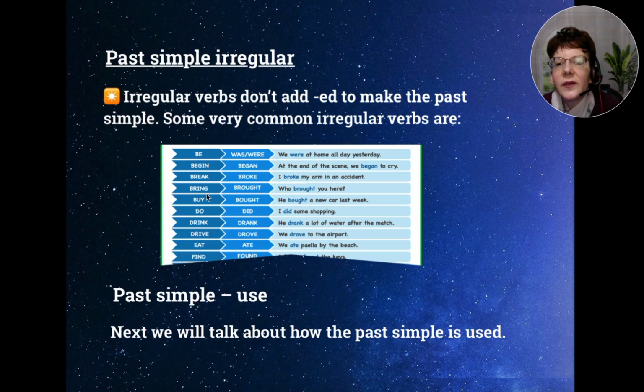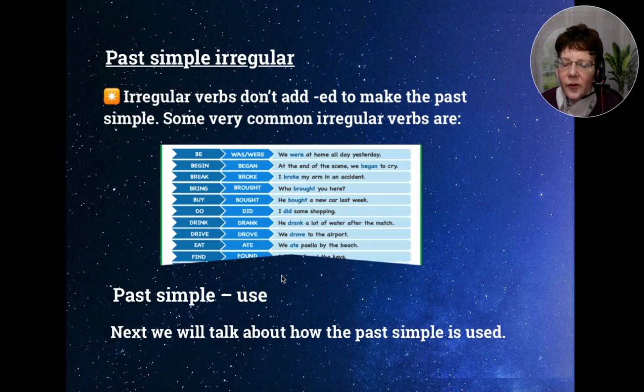Begin becomes began. Break becomes broke. Bring, brought. Buy, bought. See, do, did. Drink is drank. Drive is drove. Eat is ate. And find is found. And there are at least 50 of these. So these have examples in sentences here.